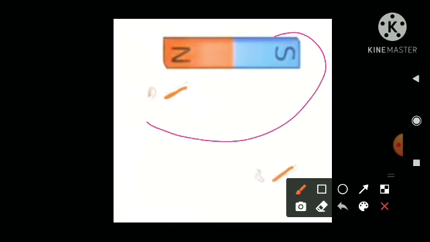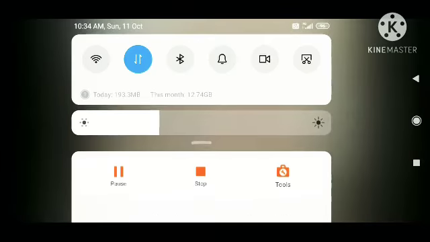In a magnetic field, for example, metals are attracted by a magnet. Let's see again. It looks like this: on a paper there is a magnet and all the iron powder, the iron filings, are spread here.